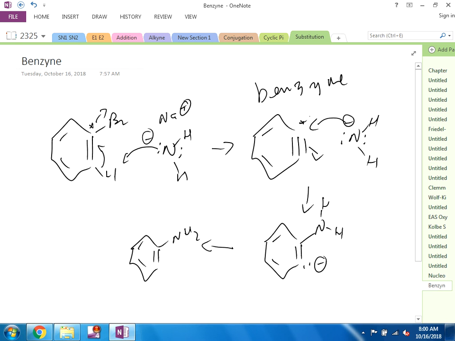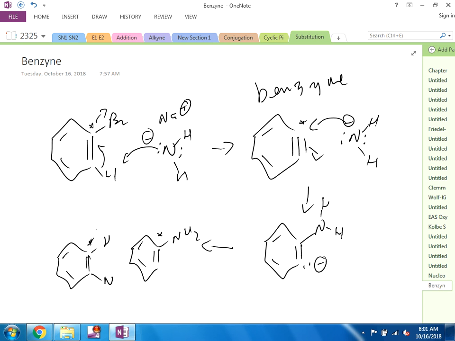So if there is a triple bond in there, not only should you get some of this, but you should also get some of this right there. In other words, the label should get scrambled. So that's one of the proofs.